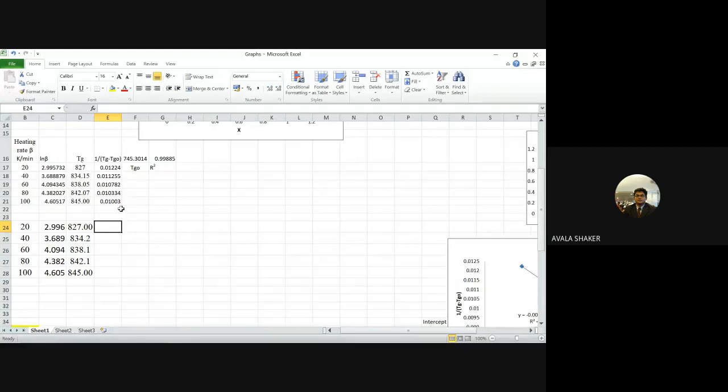Now what do we do in such a case? I don't know this value, so let me put in a random value. Let's say I put a value of 830.